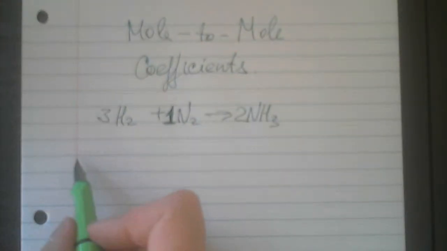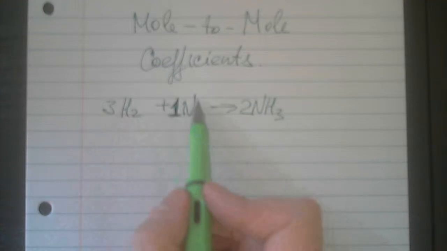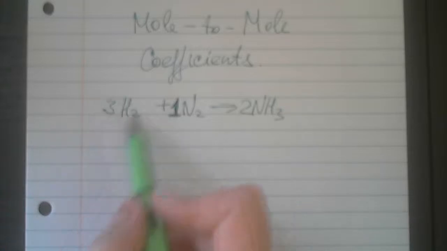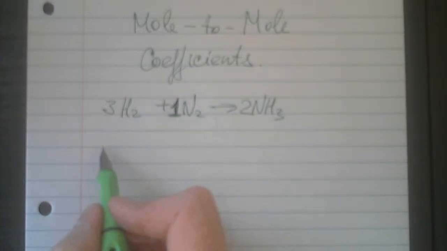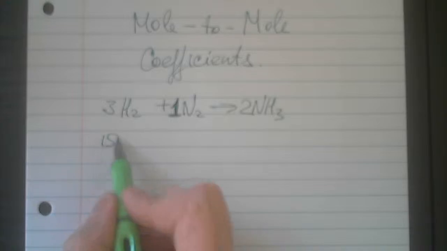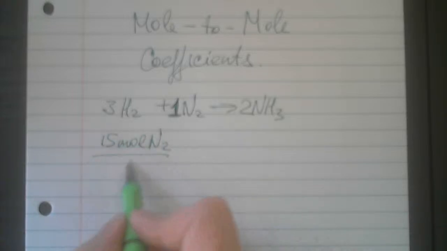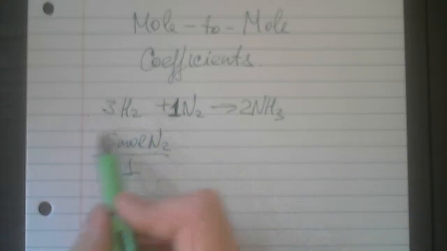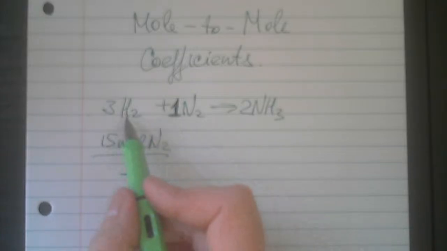So let's say we know that 1 mole of nitrogen reacts with 3 moles of hydrogen. Okay, so let's say I have 15 moles of nitrogen. And my question is, how many moles of hydrogen do I need to react with that amount of nitrogen? Because clearly I need more hydrogen than I usually do.